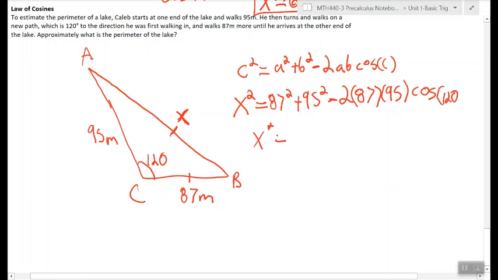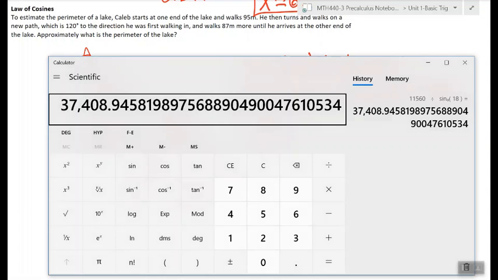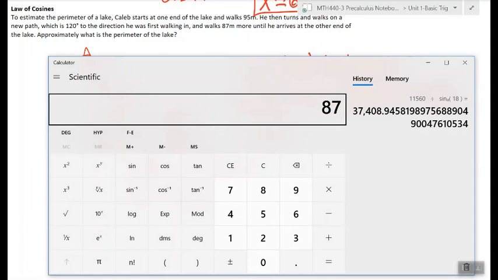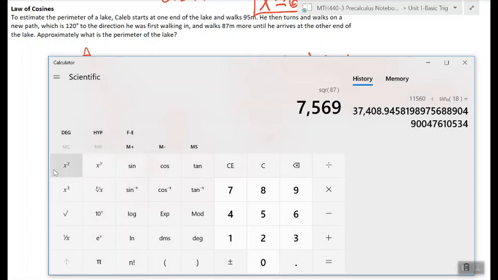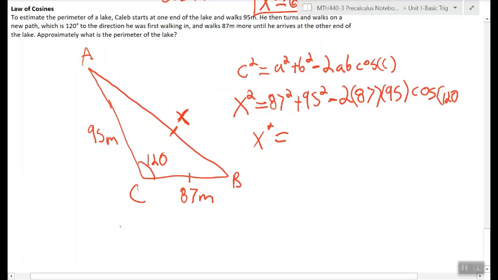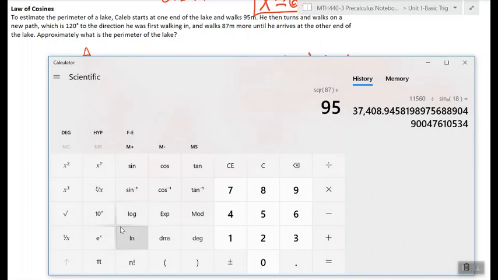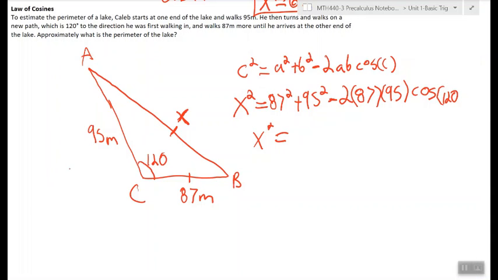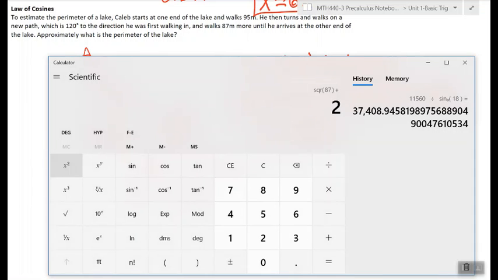So x squared equals, I'll just do the full thing here, 87 squared plus 95 squared. That's 9,025. Write that down, 9,025 minus, we just plug this in here, 2 times 87 times 95.